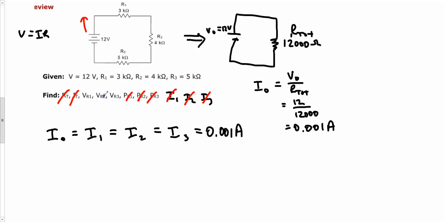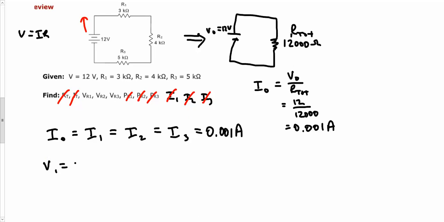Now I have to find the potential difference drop here, here, and here. Lucky for me, I've got R1 and I1, R2 and I2, R3 and I3. I can just use this guy right here.